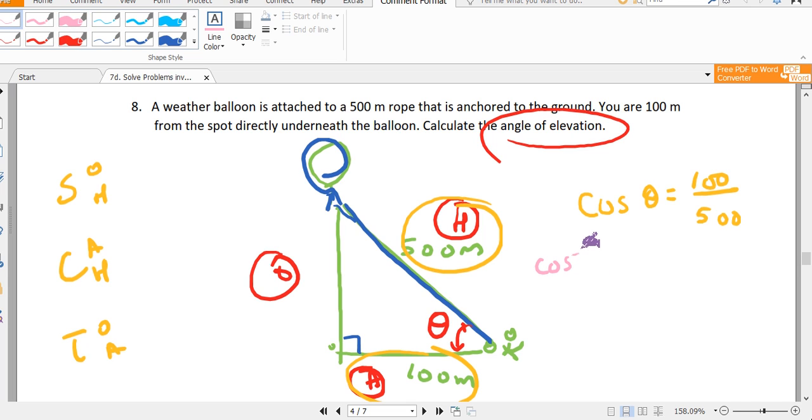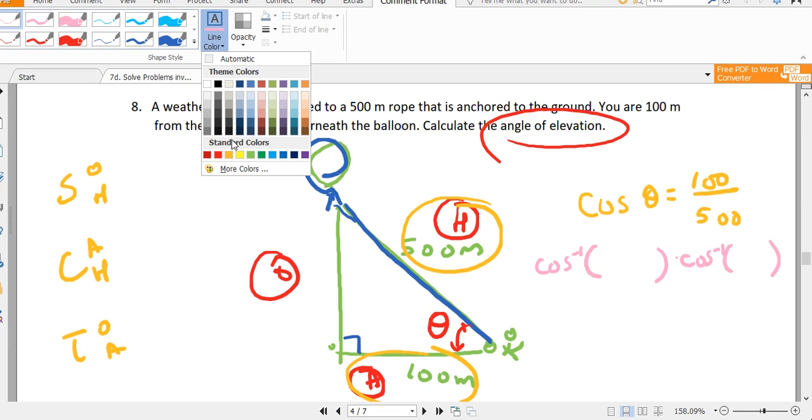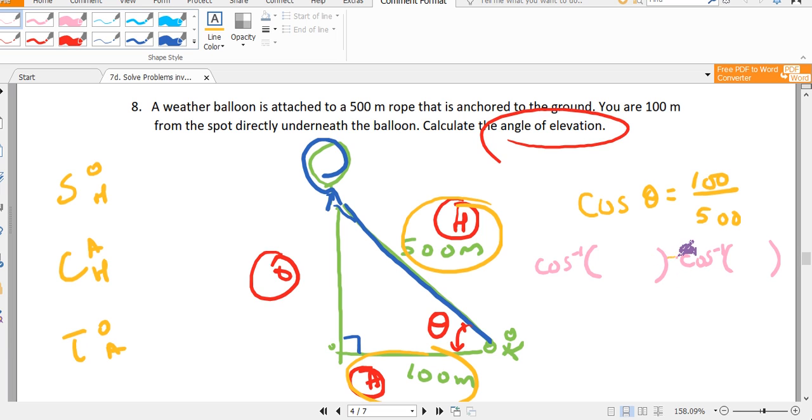So I do cos inverse on both sides, which means these two will cancel out, and then my answer will just be cos inverse of 100 over 500.